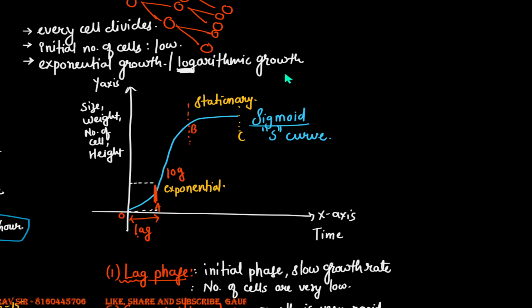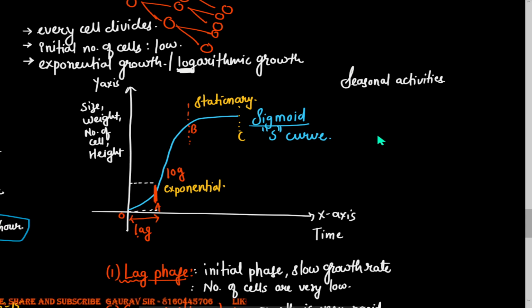Now, generally, the plants which show seasonal activity show this type of growth only for a certain period of time, right? They do not actually show S type of growth. What we will find here is they'll have a certain growth, then it will stop because it's a seasonal plant.